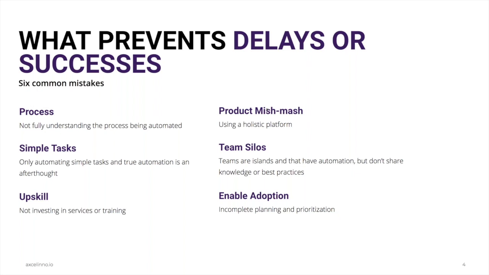The other piece is team silos, and really it's about collaboration. Teams tend to operate in islands, and they'll think about their piece of automation, but they learn things. They learn best practices and other things that need to be shared with other teams, and that's critically important too.